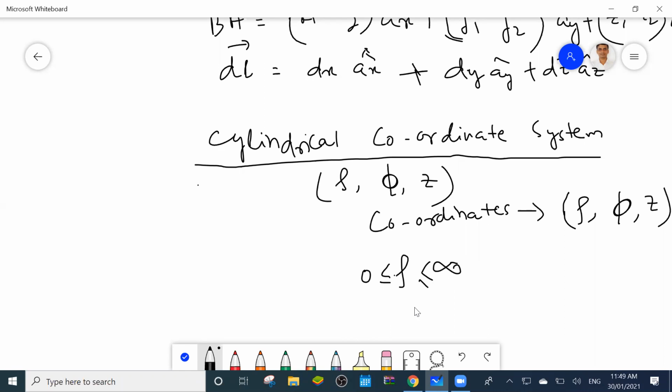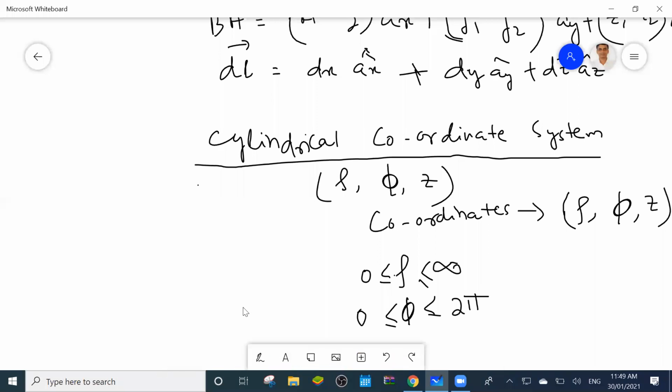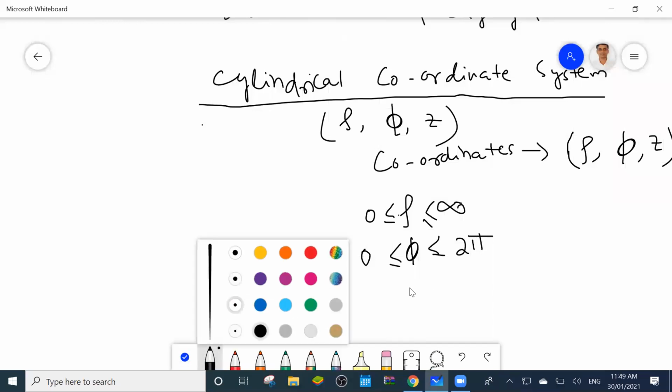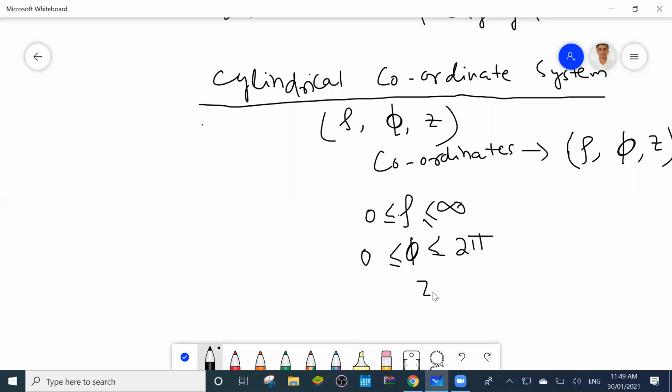That's why the phi value lies between 0 to 2 pi. This is very, very important. And z is the same in the Cartesian and cylindrical coordinate systems.